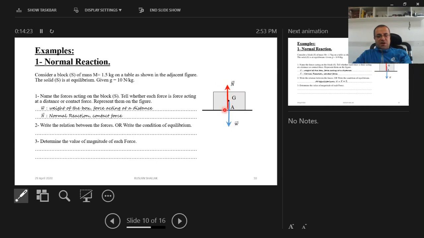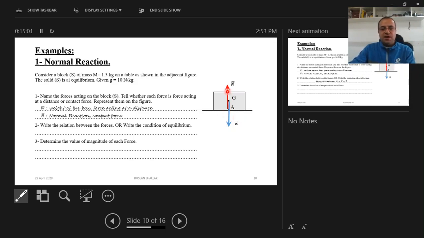It starts from the surface of contact between the table and the box, and the weight starts from the center of gravity of the box. Let me remind you, we said in the previous chapter that for all forces acting from a distance, the point of application is the center of gravity of the receiver. And for all contact forces, the point of application is the point of contact between the actor and the receiver.